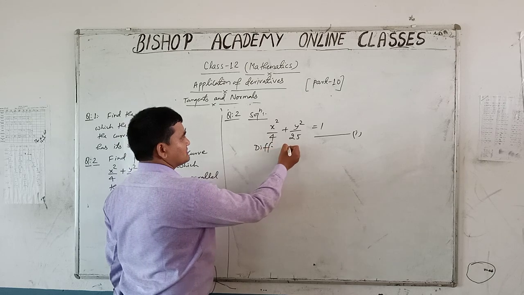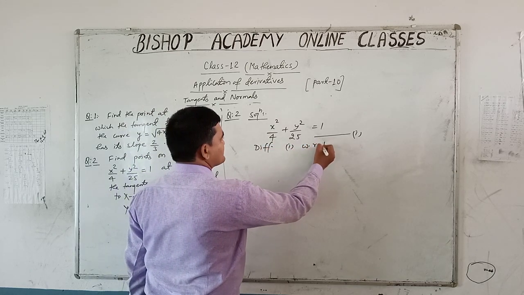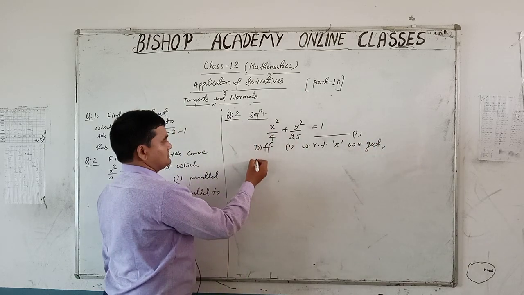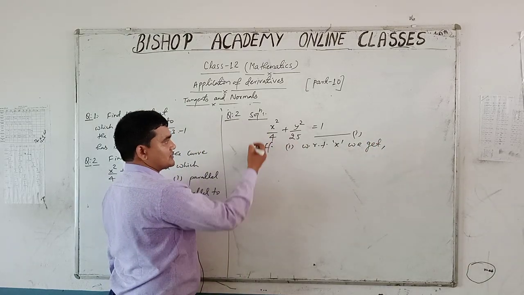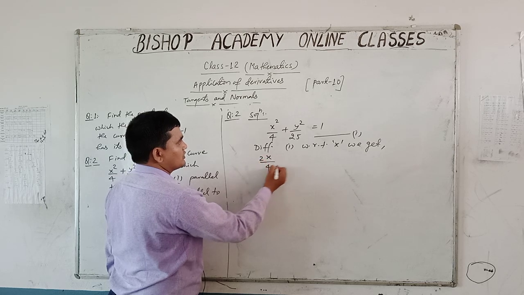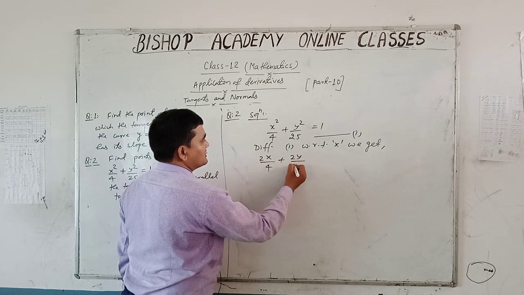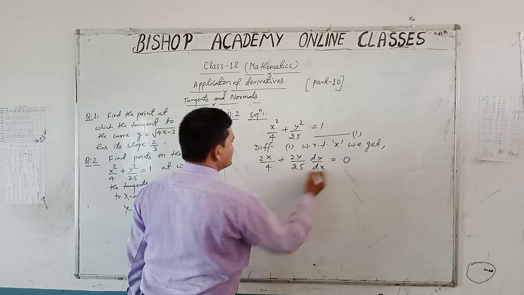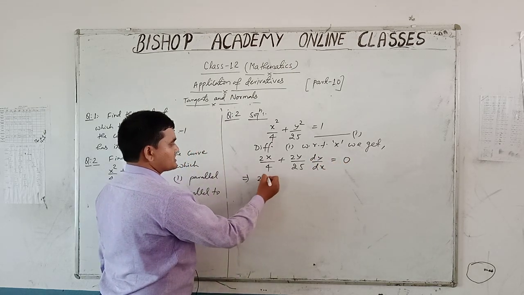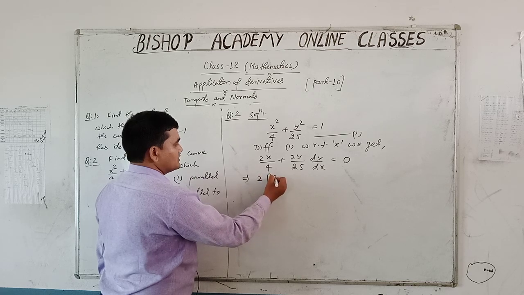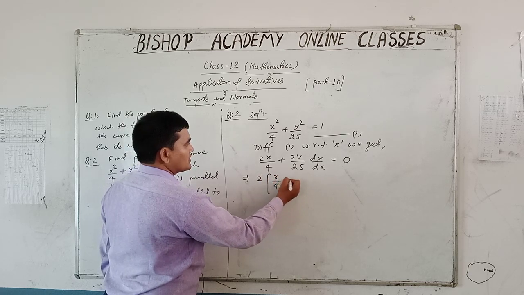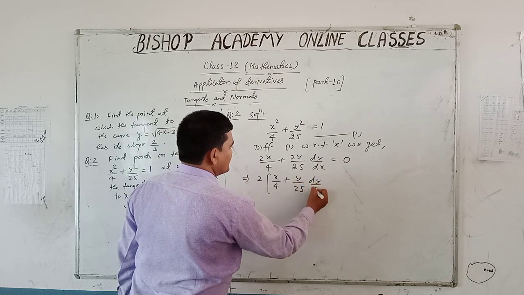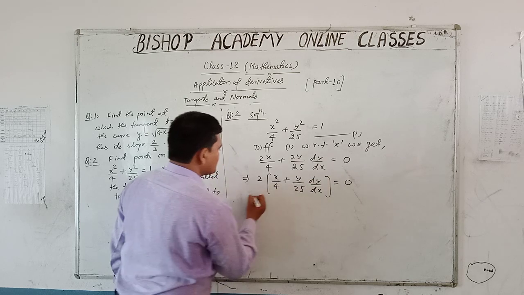Differentiating first with respect to x, we get: differentiation of x square is 2x, upon 4, plus 2y upon 25 dy by dx equal to 0. Here 2 is common, so we write 2 into (x by 4 plus y by 25 dy by dx) equal to 0.